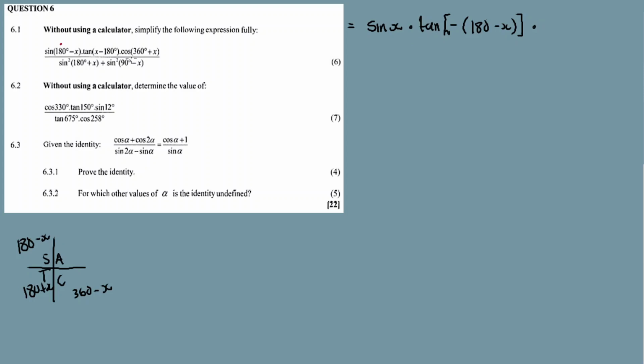Then we continue. Cos 360 plus x. 360 plus x is in the first quadrant, and in the first quadrant everything is positive. So it will be cos x, divided by sine squared 180 plus x, which is negative sine, right?